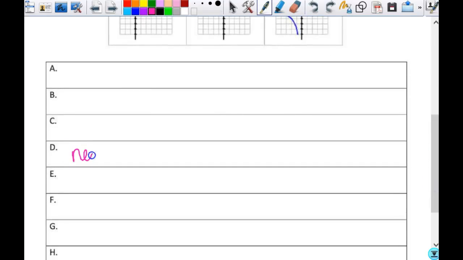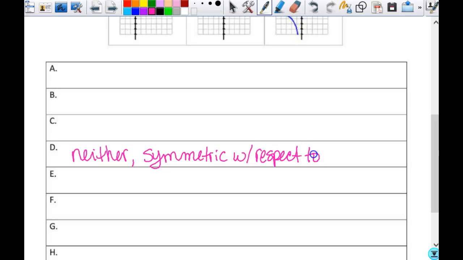It is neither, and it does have symmetries, and it is a function, so I say that it is symmetric with respect to, and I'm looking for these words, so make sure that you are actually putting them, with respect to what? 0, -3.